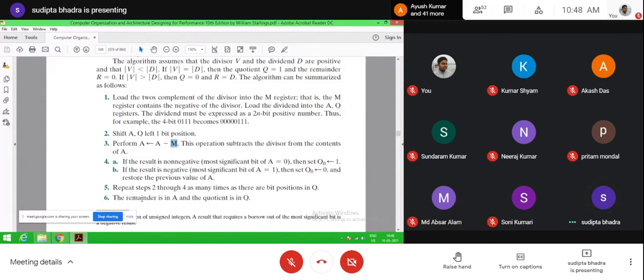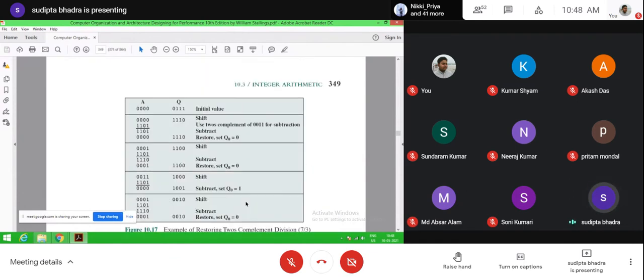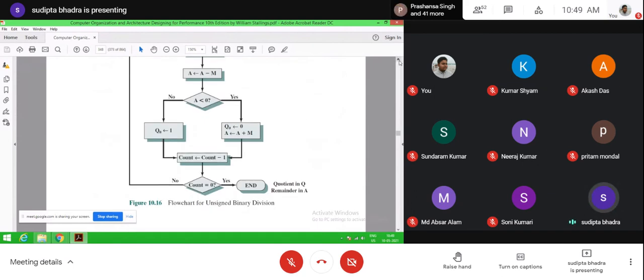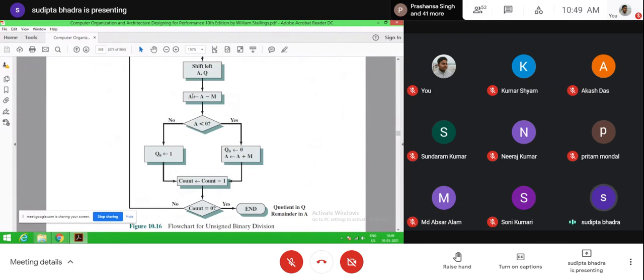Now how many times will this be repeated? The number of bit positions in q, meaning the number of bit positions in the dividend. The remainder will be in A and the quotient will be in Q. What is the basic working principle? We check whether the partial remainder is divisible by m or not.